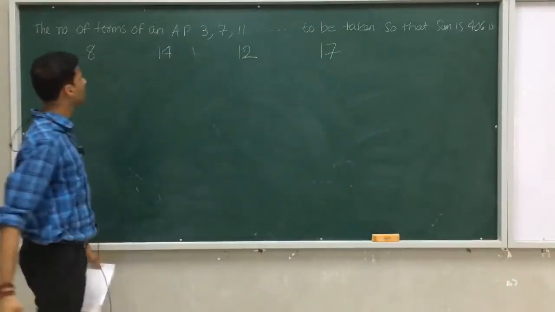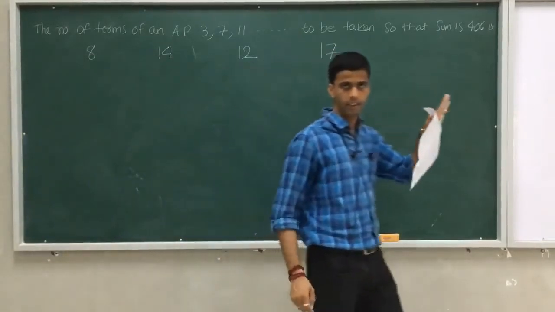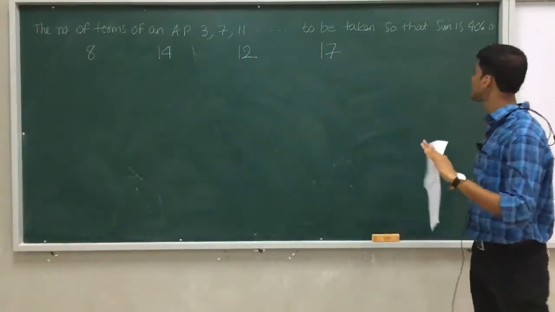How many terms of this AP should be taken so that the sum is 406?